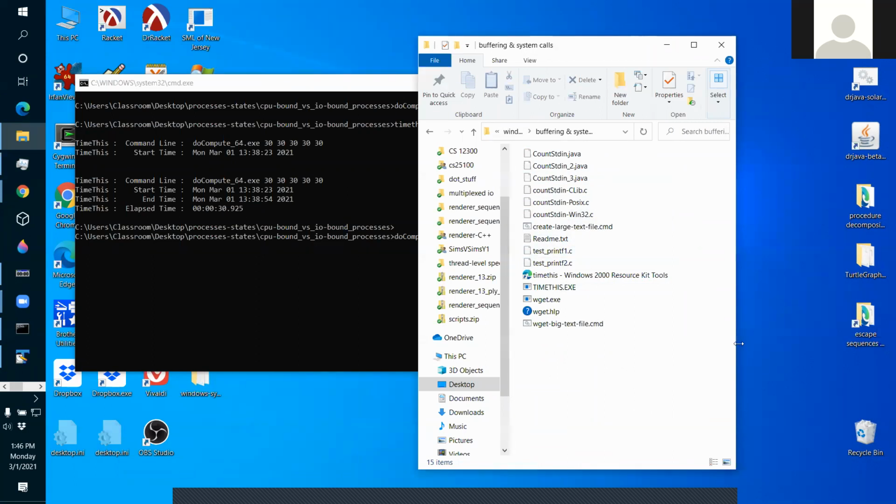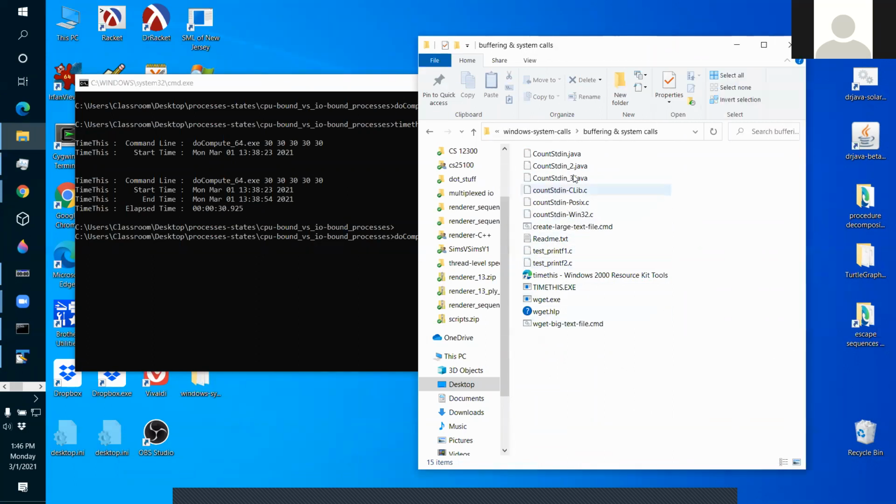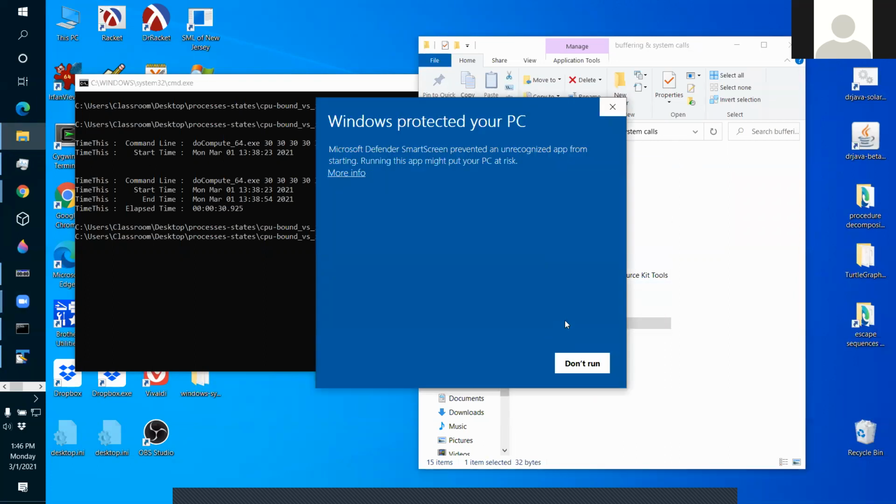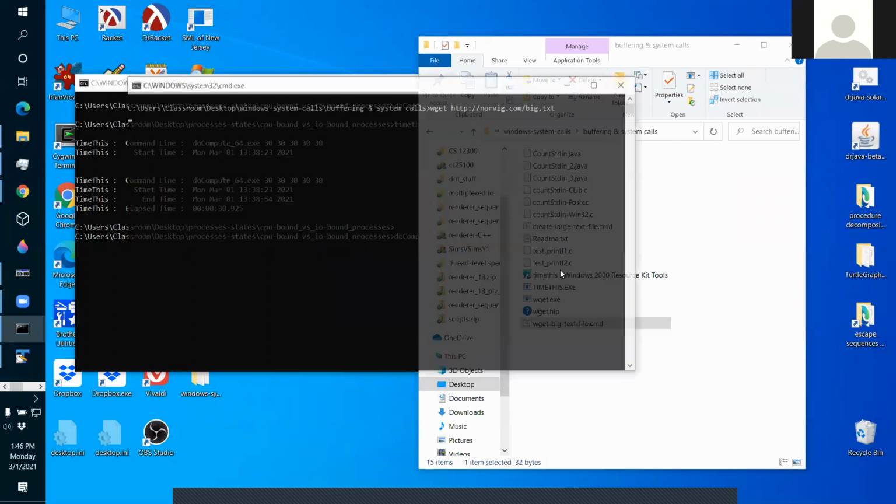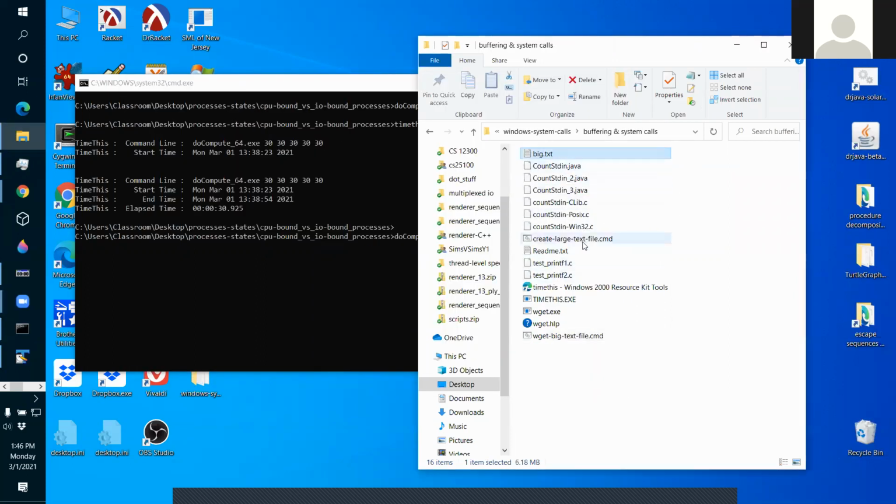It starts hinting at the way to write it, because what this program does is it downloads a large text file, and then it starts copying it.